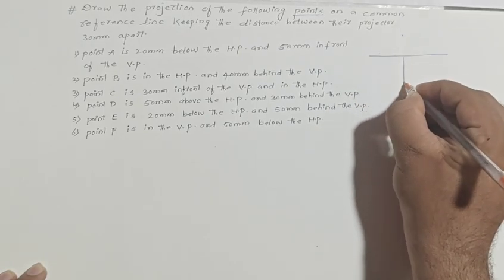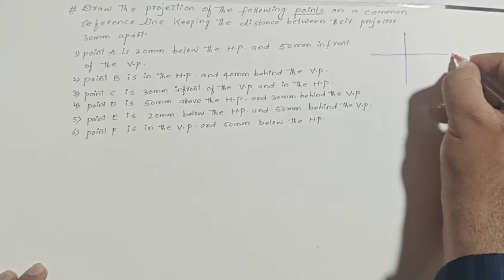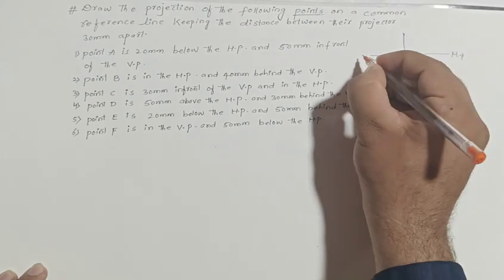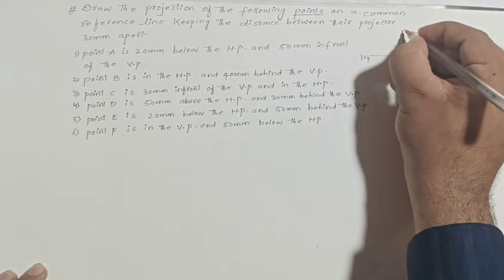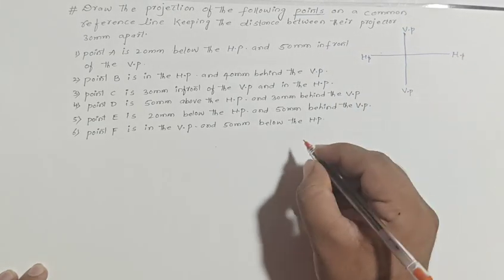Let us see. This is the horizontal plane, and this is called the vertical plane.